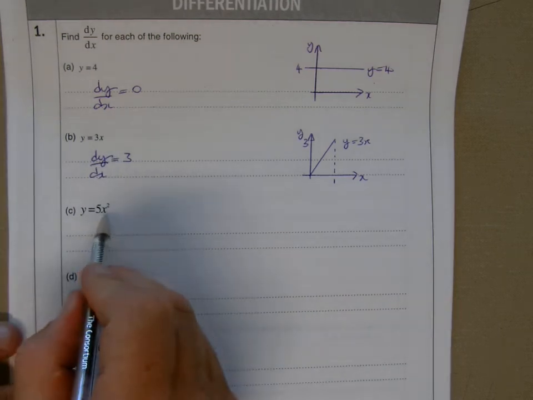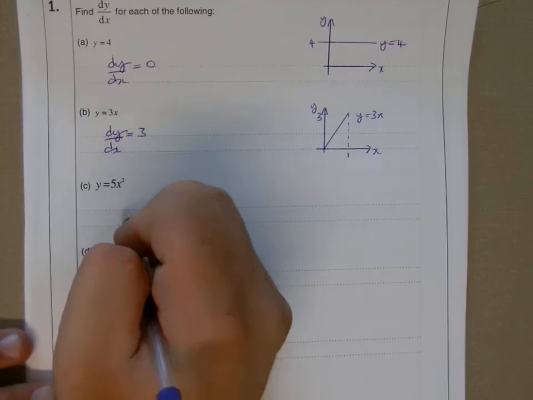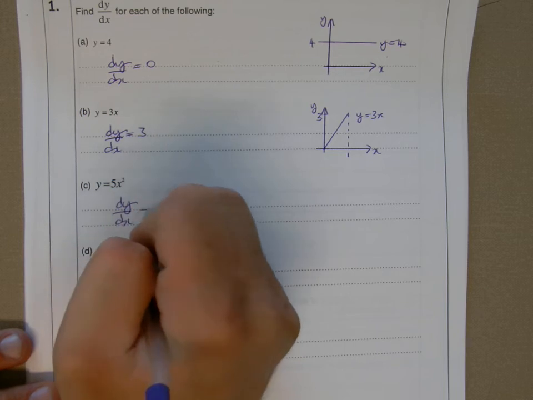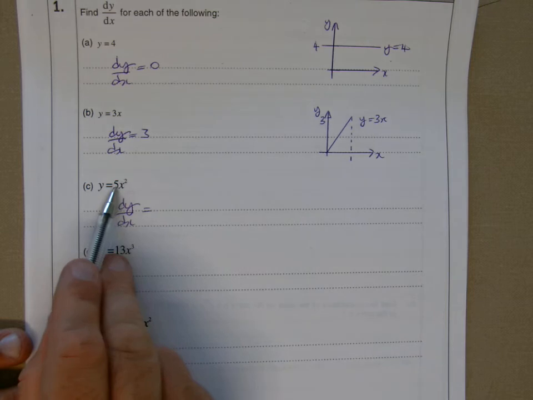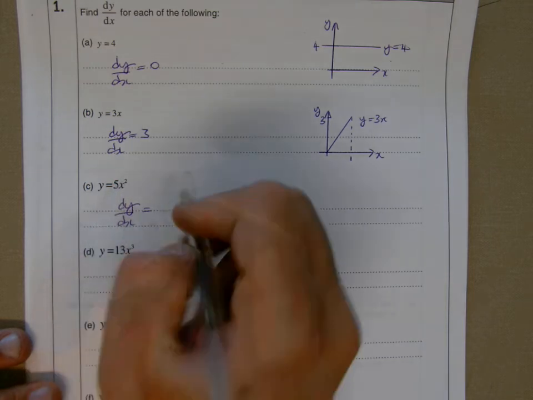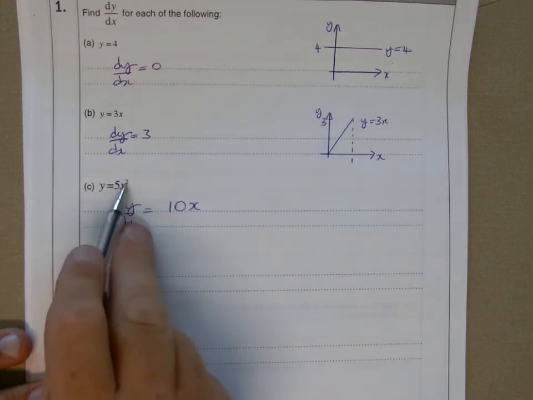When you've got powers, such as squared, cubed, to get dy/dx, quite simply you bring that power down and times it by what's in front. If that power is a 2, bring it down and times it by 5, which is 10. Then you write the x, and you reduce that power by 1.